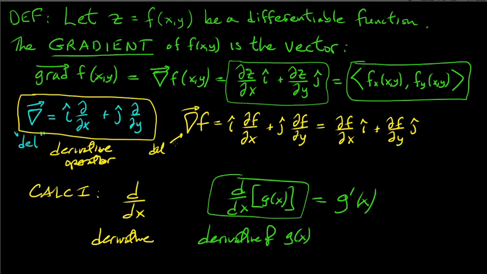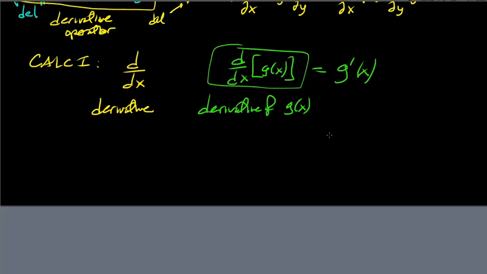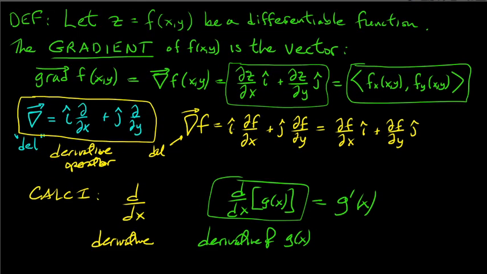Anyways, I'll just call it the gradient symbol. You can call it del, you can call it nabla. It's just gradient. So let's do some examples. Oh, I'm out of space. So here's the definition of the gradient, and now we'll do some examples.